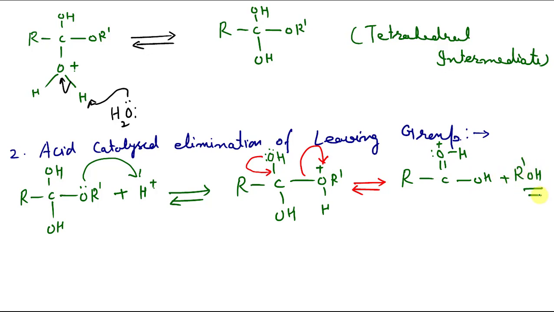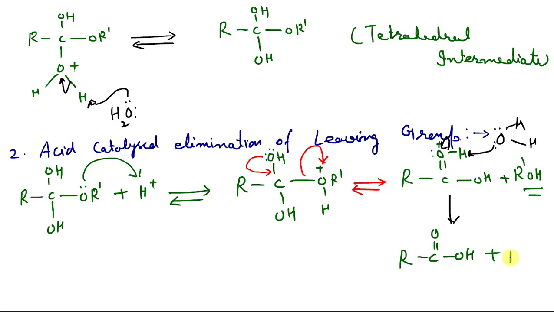So we have made one product, alcohols. The next step you can all guess, there will be deprotonation. The water molecule will abstract a proton from here, and we will get the second product, carboxylic acid.